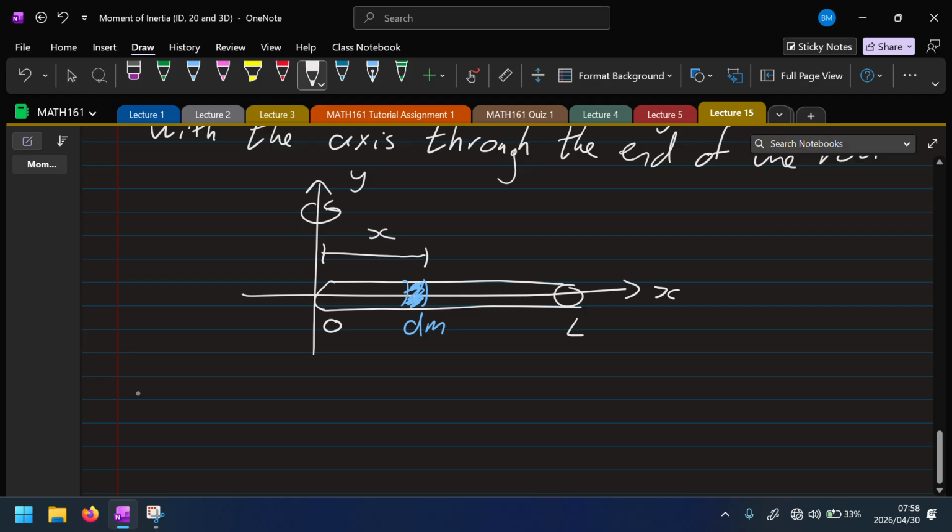So I is going to be the integral from 0 to L. So from the start of the rod to the end of the rod. The radius is x, like we have over there. And then the density, it has mass m, length L, so the density is m over L dx.